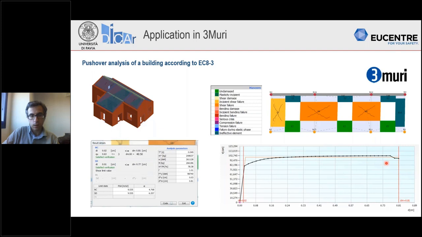Here you can see the resulting pushover curve, and also one of the walls with the indication of the possible mechanisms taking place in the elements, also with the extent of damage. And then here you can see the calculation of essentially the capacity and also the demand corresponding to this building.